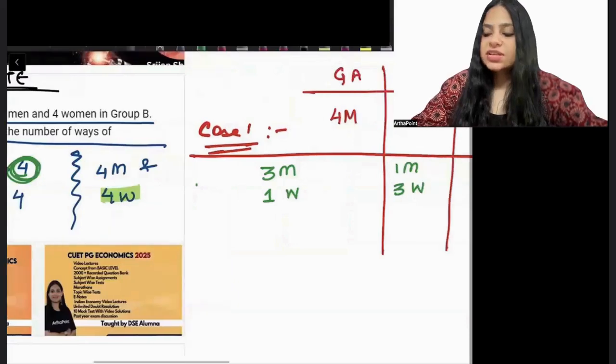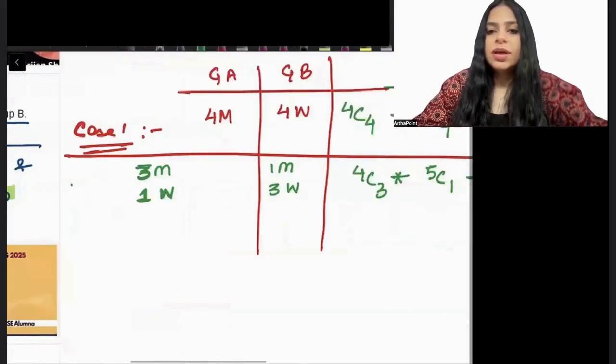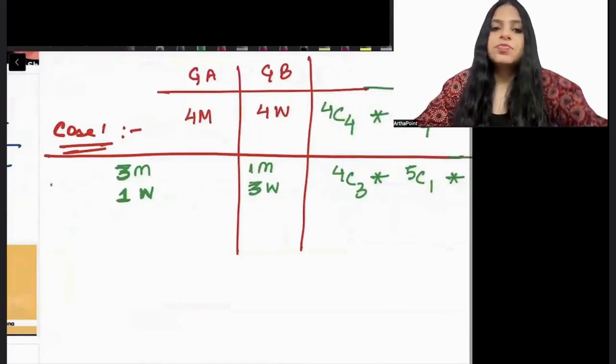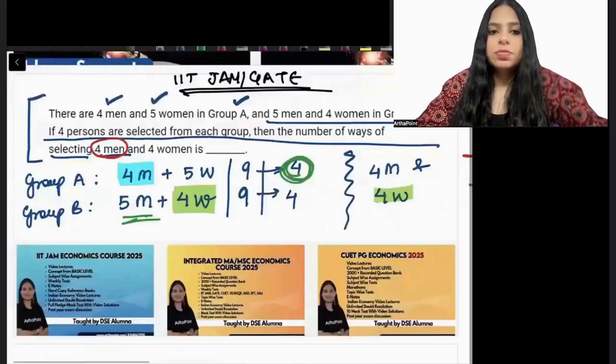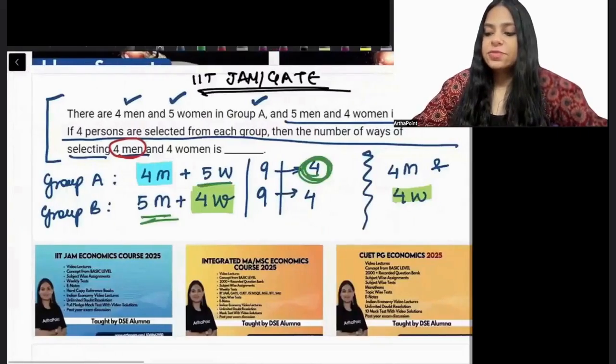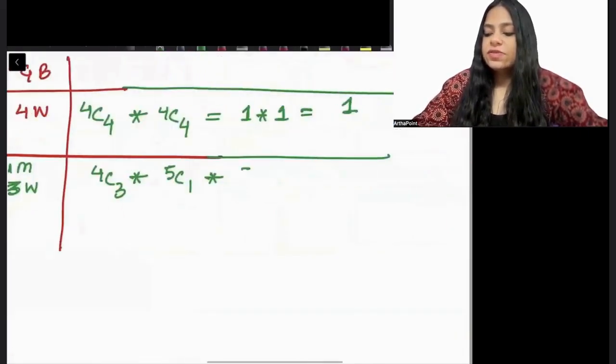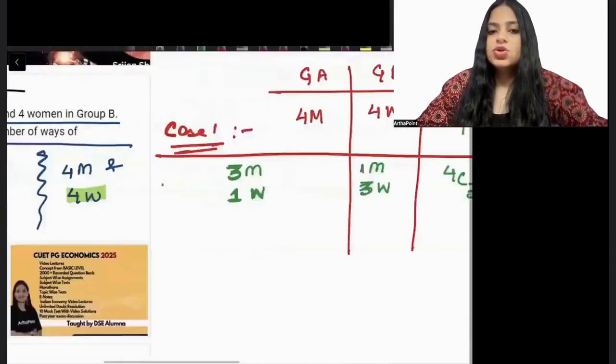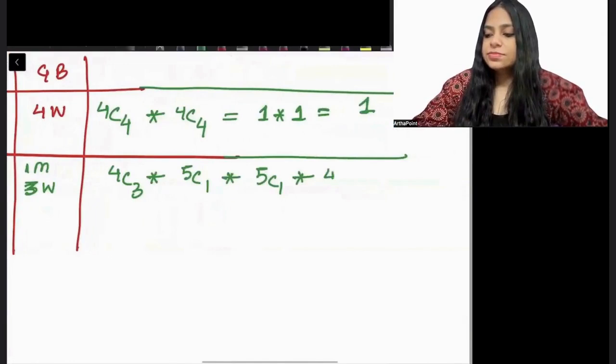So the moment I have selected 3 men from this group, I can only select 1 woman from this group. And the moment I have selected 1 man from this group, I can select 3 women from this group. So group A has 5 women. So out of 5, I need 1 woman. And 3 women from group B. Group B has 4 women. So out of 4, I need 3.